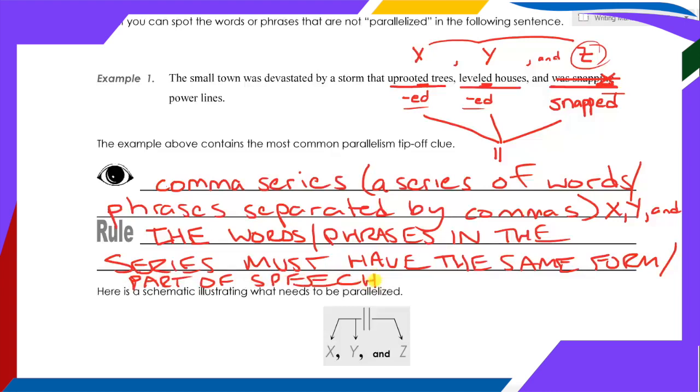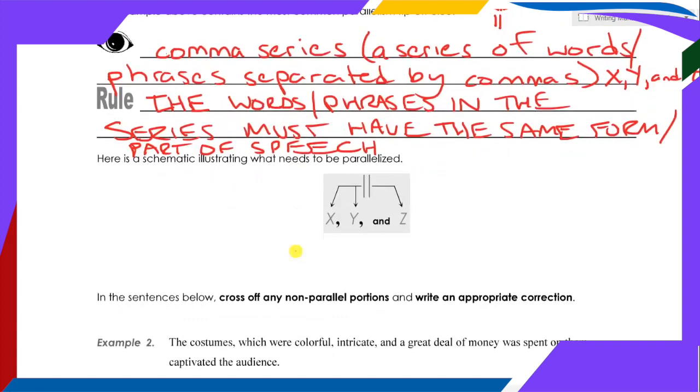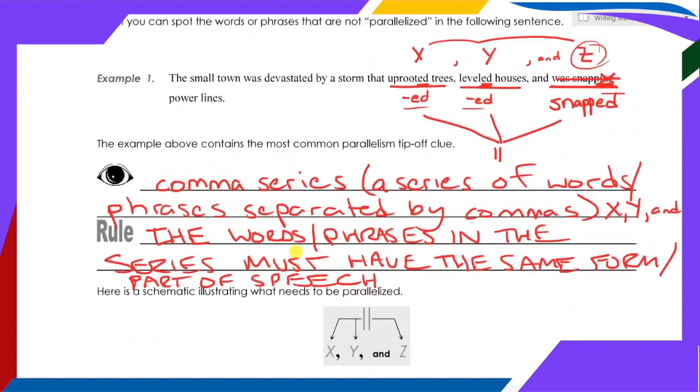Ran out of room there. Just squeeze that in. So again, the words or phrases in the series must have the same form or part of speech. In this little schematic here, you can see what we mean, and it's exactly the same as what we just saw in example 1.